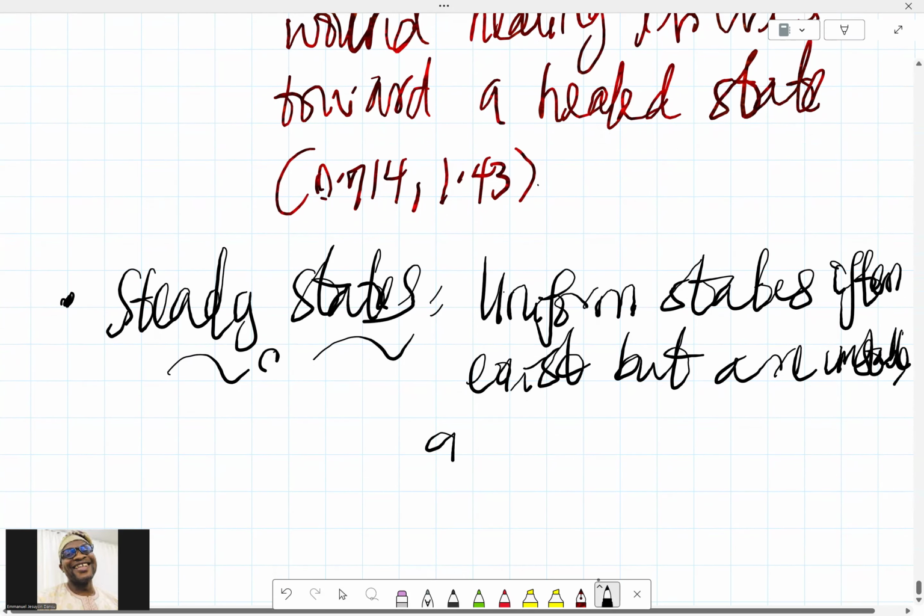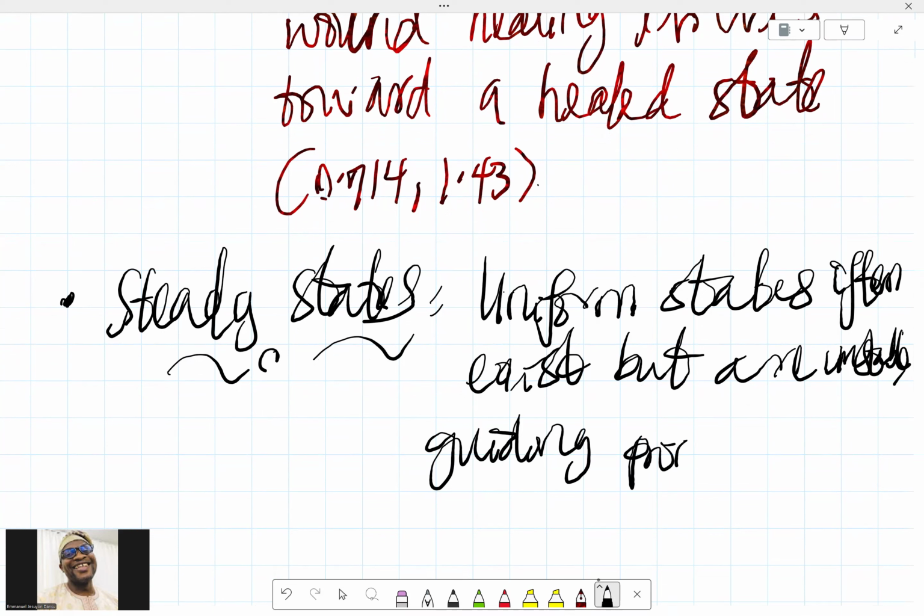That instability guides processes like healing or pattern formation. So these examples highlight reaction diffusion's role in pattern formation and dynamics, with steady state shaping outcomes.